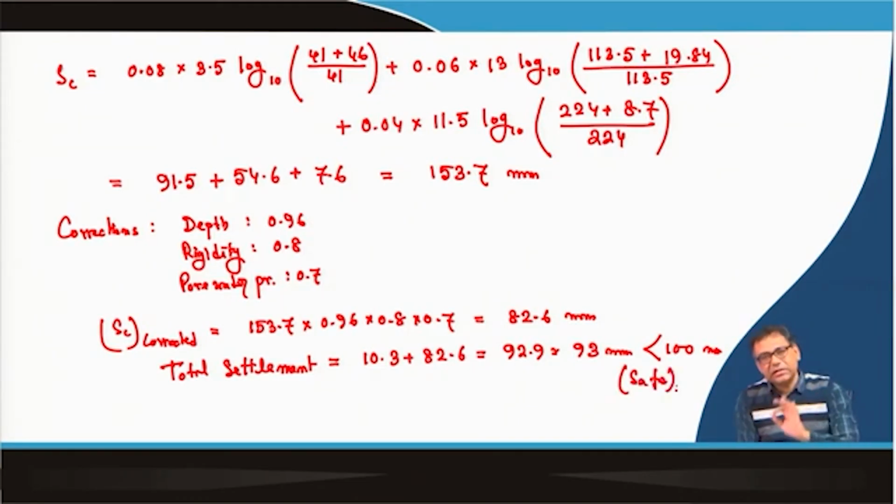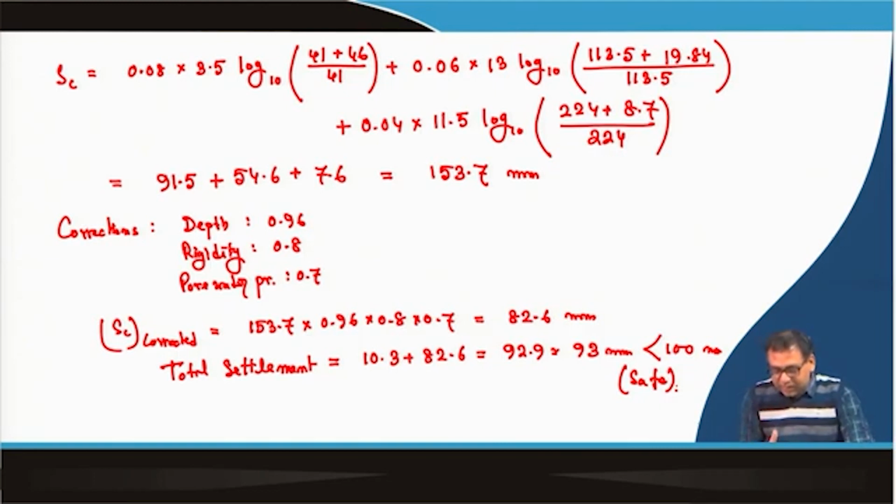But it is not oversafe, it is properly safe, I should say, because this value is exactly close to 100. So, that means we can say that even if it is oversafe against bearing, but in settlement it is not oversafe. So, the dimension that we have chosen for the first trial, we can provide that dimension of the foundation.